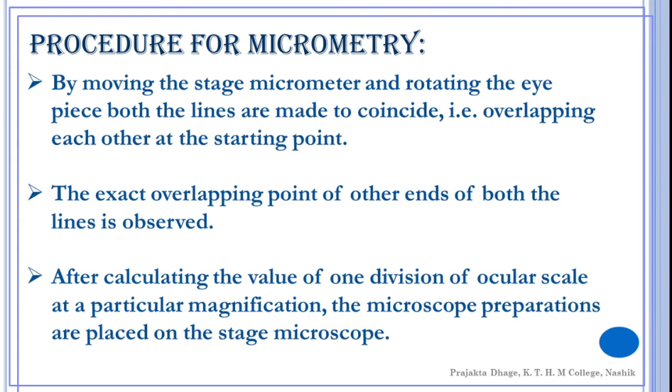Okay, whenever you are using a new combination of eyepiece or an objective, the ocular micrometer should be calibrated freshly every time. Now after calculating the value of one division of the ocular scale at a particular magnification, the microscope preparations are placed on the stage.